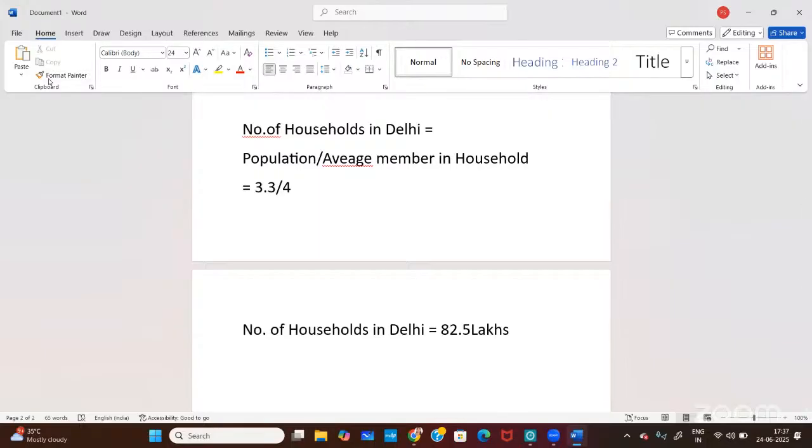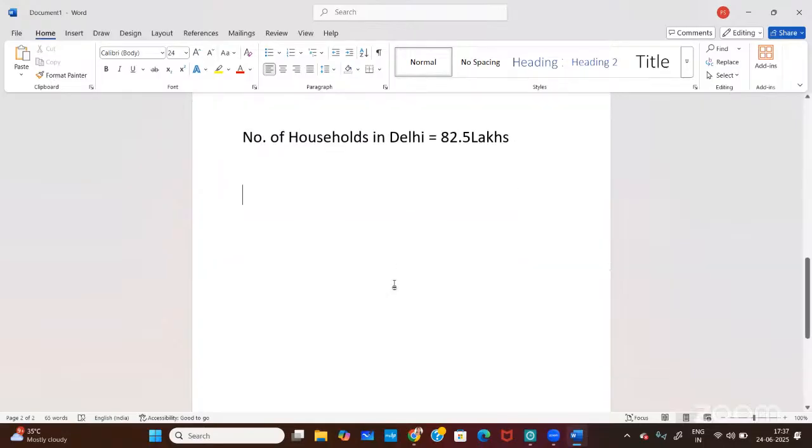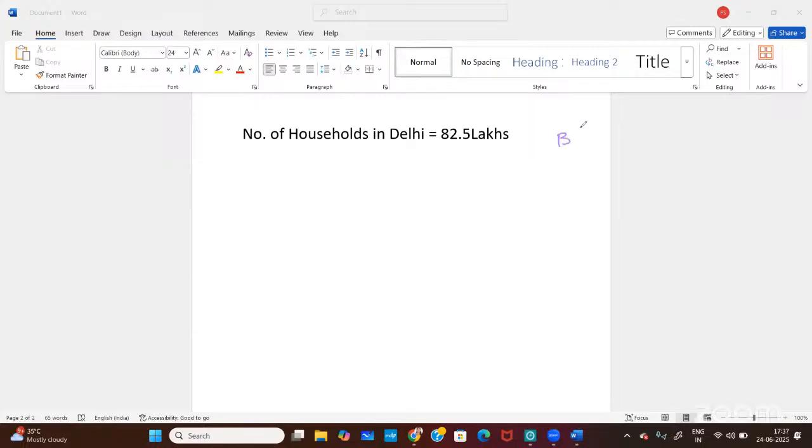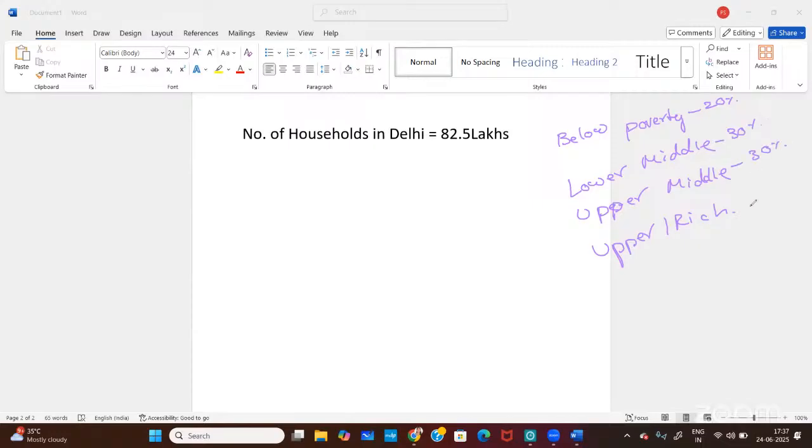Let's segment the number of households into four categories: below poverty, lower middle, upper middle, and upper or rich. Let us assume that on an average 20% of the population is below poverty, 30% is lower middle, 30% is upper middle, and 20% is upper or rich.